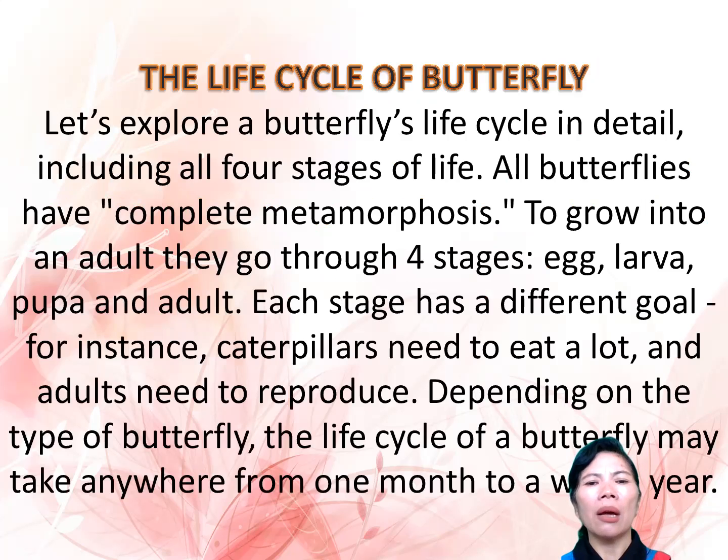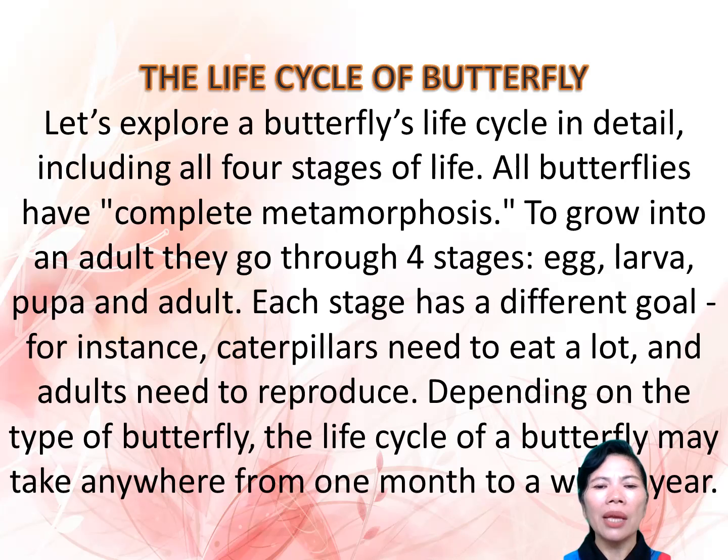The life cycle of butterfly. Let's explore a butterfly life cycle in detail, including all 4 stages of life. All butterflies have complete metamorphosis. To grow into an adult, they go through 4 stages: egg, larva, pupa, and adult.